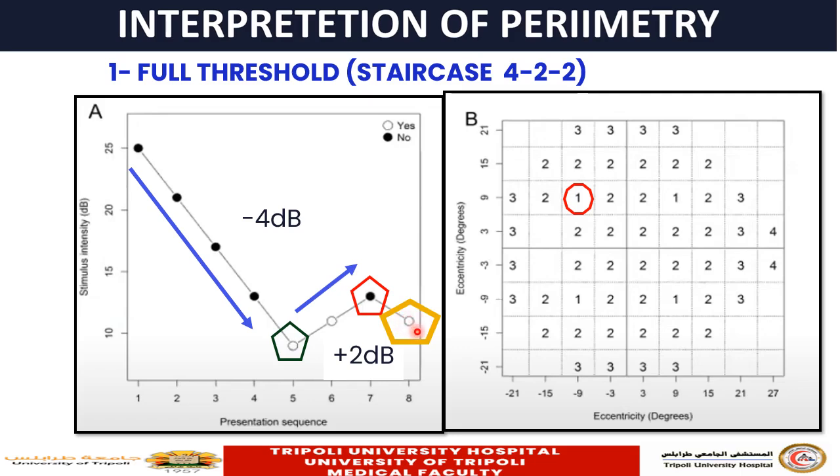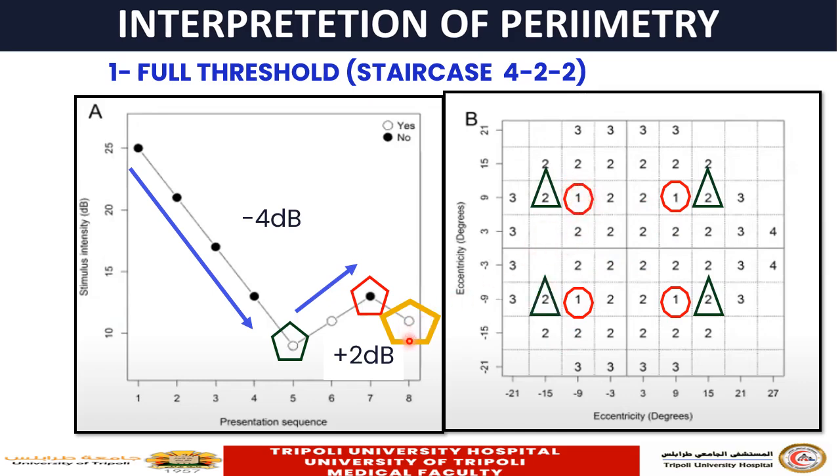Here is the threshold of this patient, and usually the machine will do this for the initial 4 points. For example, these 4 points will be tested by this double staircase strategy from the beginning, from this 25 decibel. However, when we go to area number 2, the other points, it will start from the last decibel seen by number 1.